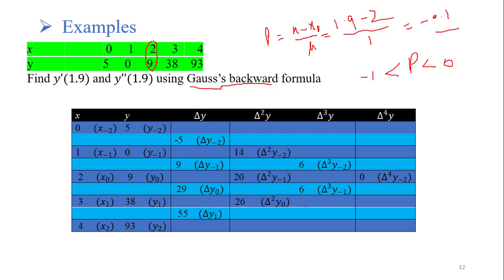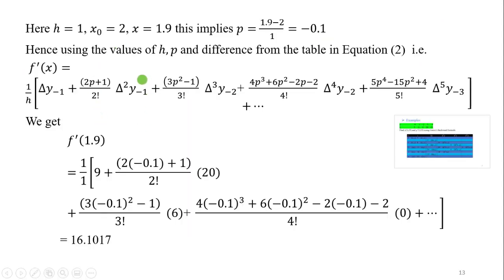So this is the difference table. In the first column you can see the values of x, in the second column the values of the function at the same node points, and in the next column the first order forward difference. Here h is equal to 1, x naught is equal to 2, x is equal to 1.9. This implies that p is equal to (1.9 minus 2) divided by 1, which is minus 0.1.